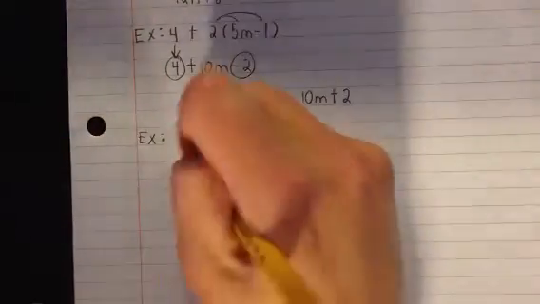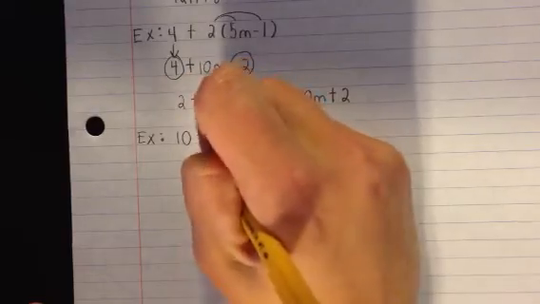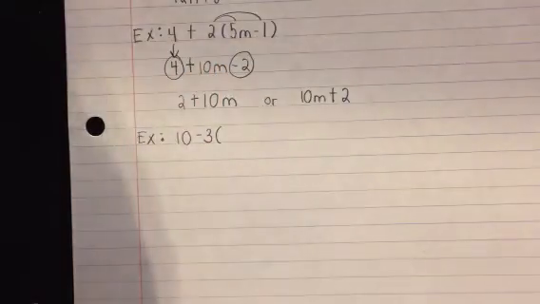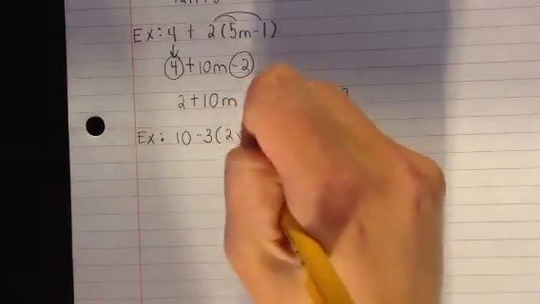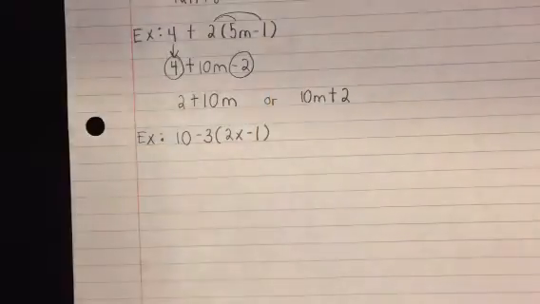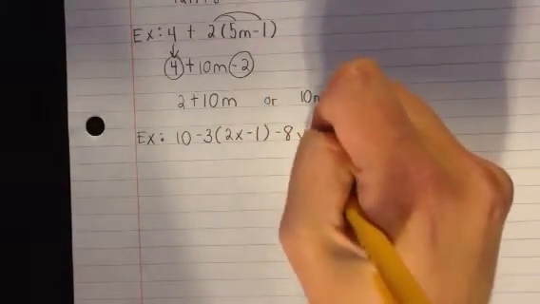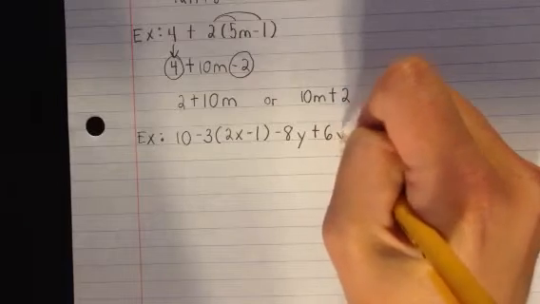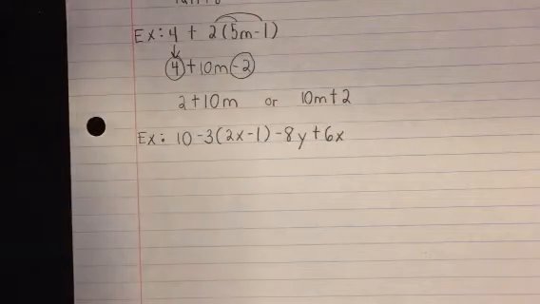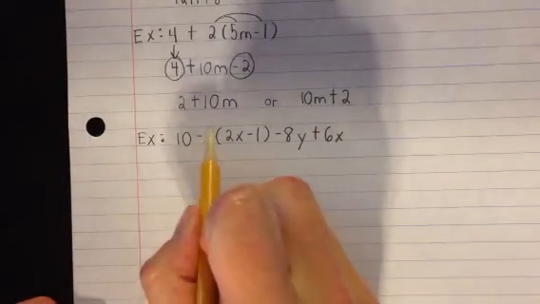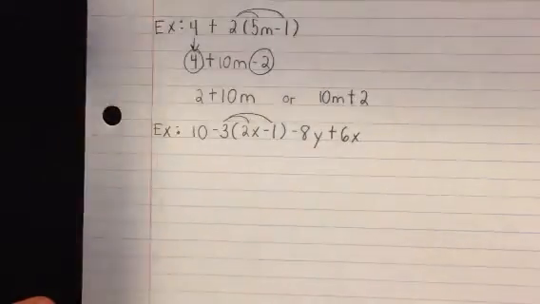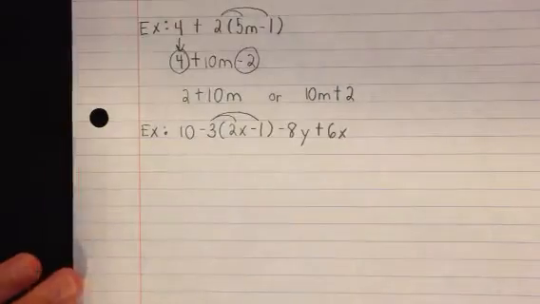Next example. Moving on up. We've got 10 minus 3 times the quantity 2x minus 1 minus 8y plus 6x. Following order of operations, we have to take care of the multiply first. So we're going to distribute that negative 3 inward.